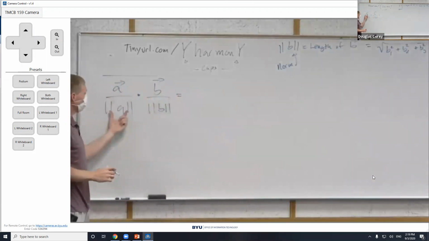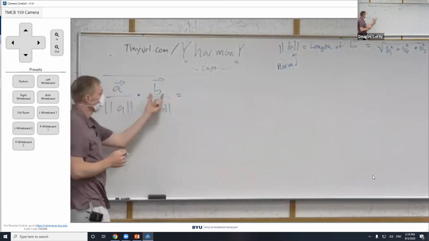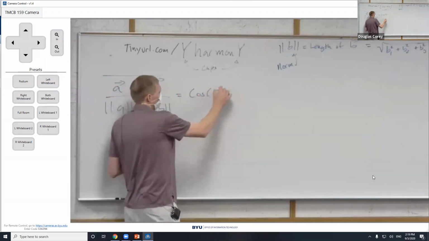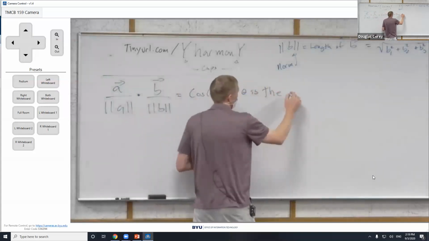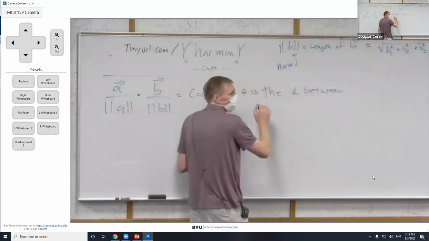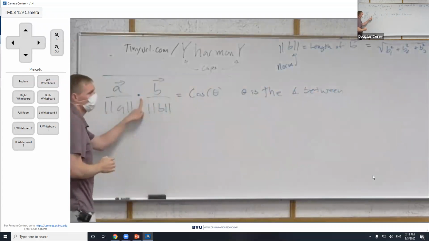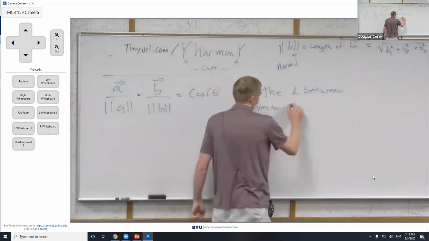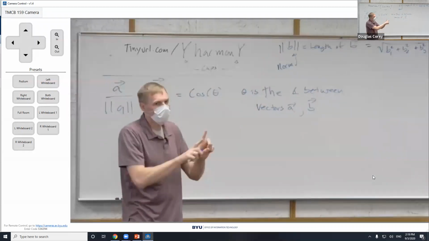So if I take a unit vector A, it has a length of 1 because I've divided it by its length, and the same for B. That equals the cosine of theta, where theta is the angle between vectors A and B. If you're in 2 dimensions, you can draw it out.